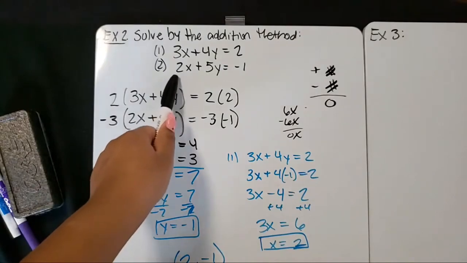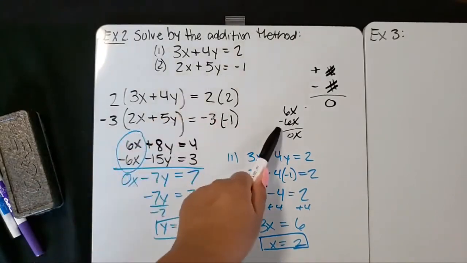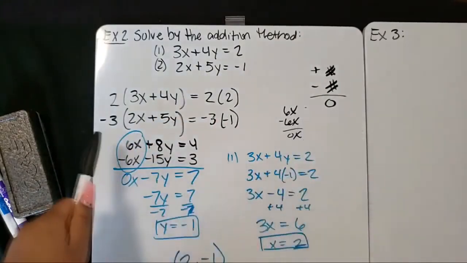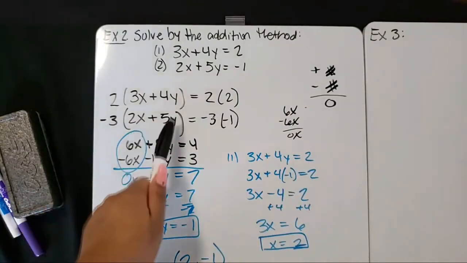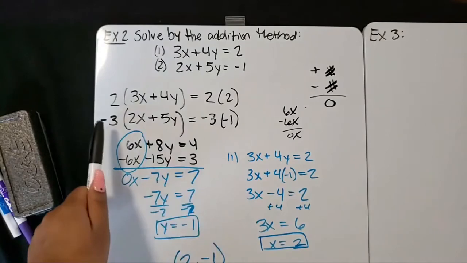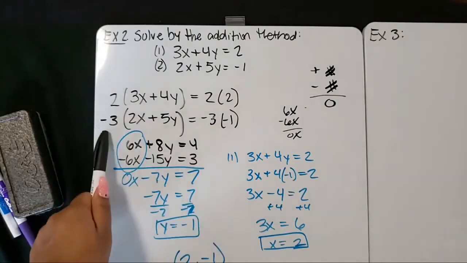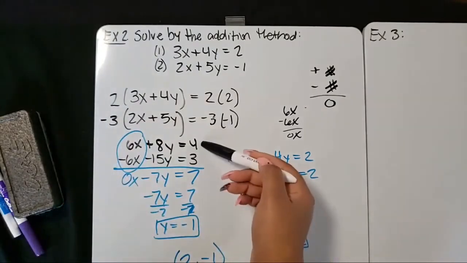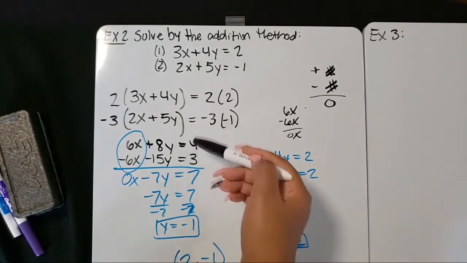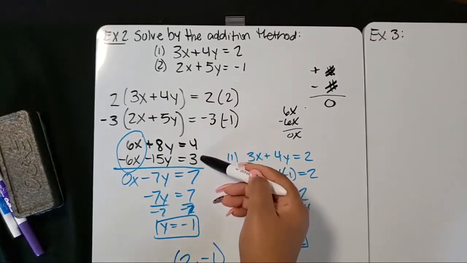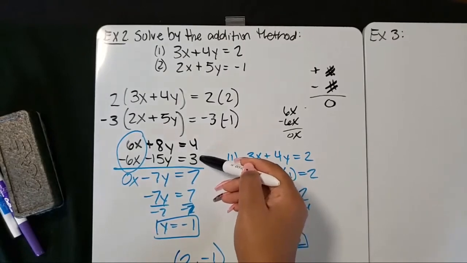To get from the 2x to negative 6x, I multiplied the second equation, every single term in the second equation, by negative 3. So this is my first equation multiplied by 2, and this is my second equation multiplied by negative 3.